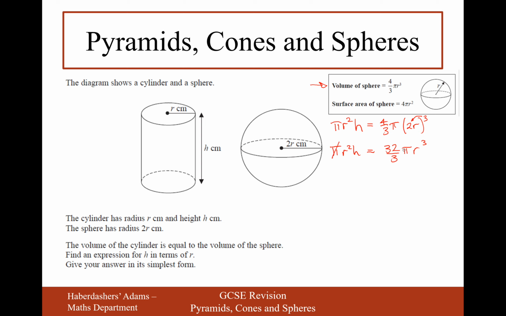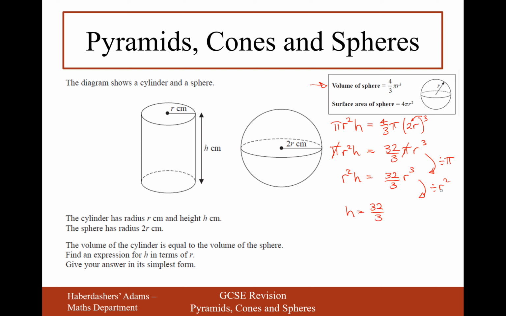The next thing I can do is cancel out the pi's on both sides. And now I'm going to divide by r squared, so h equals 32 over 3 r.